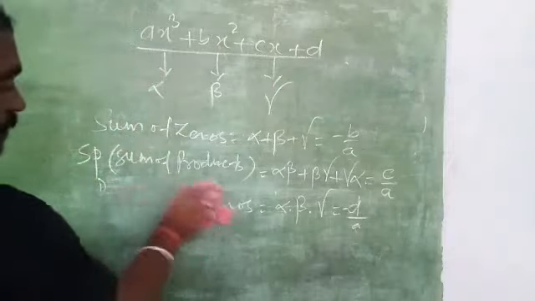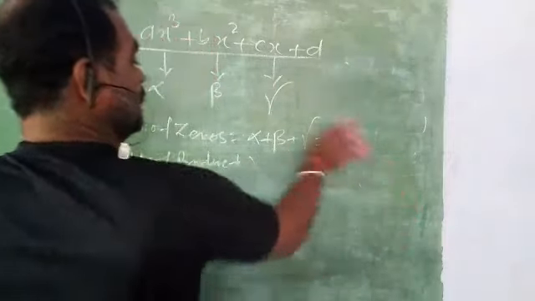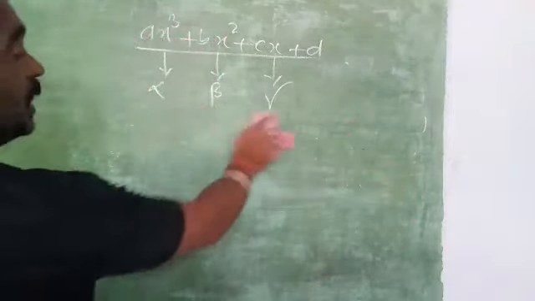Now we have to see if the zeros are given, then how to form the polynomial.